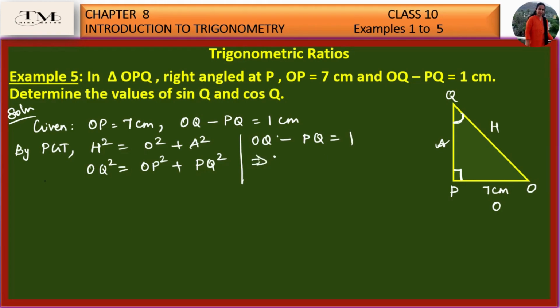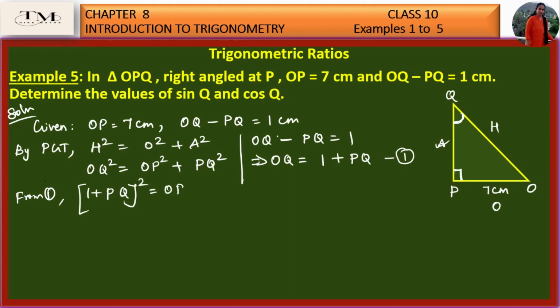So from this OQ is equal to 1 on the other side; this minus PQ will become plus PQ. So instead of OQ, I am going to write 1 plus PQ. So let us name this as 1. So from 1, instead of OQ, 1 plus PQ whole square equal to OP square plus PQ square.